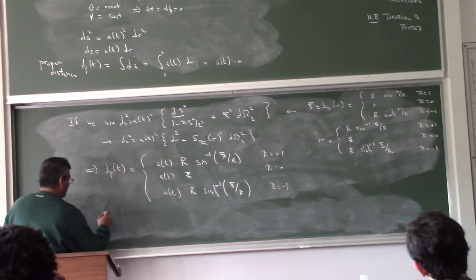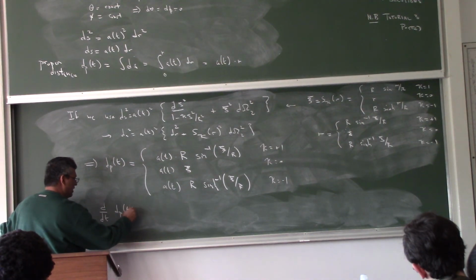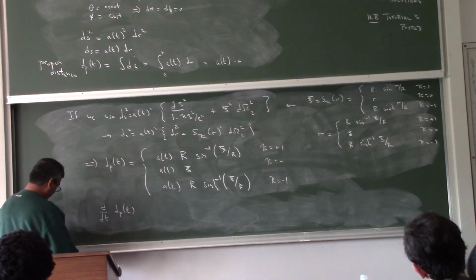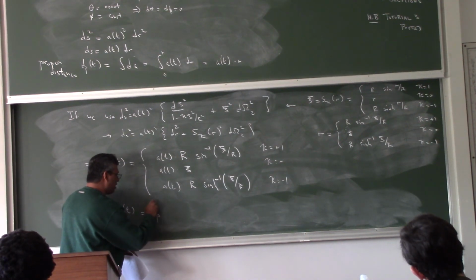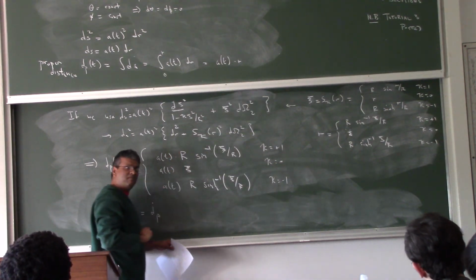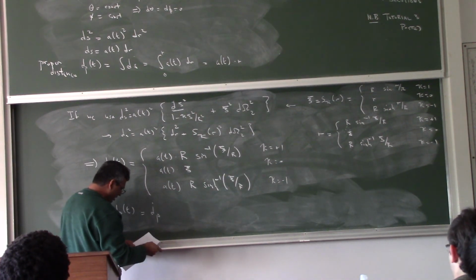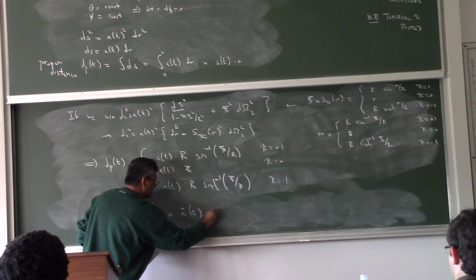So, let's look at d by dt of dp of t. Okay, so this is dp dot. All the time dependence is in this a of t term. So, dp dot is a dot of t times r.